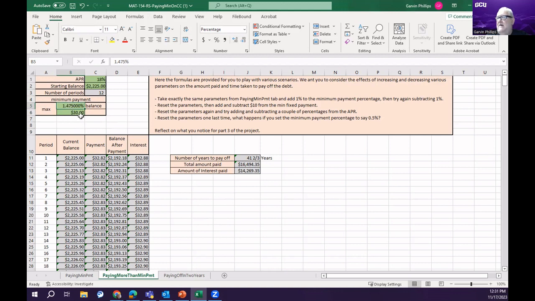Let's do 1.477. Still a little shy. Let's do 1.478. It's a little much, actually. We'll actually get it paid off. So it's a little bit much.